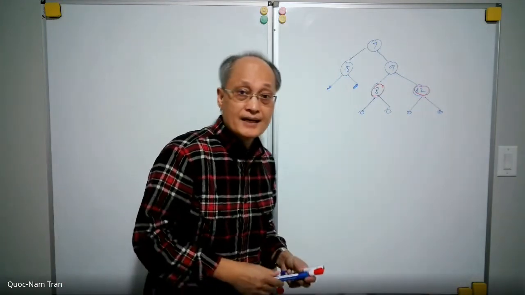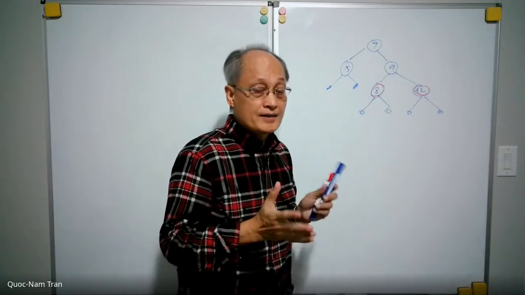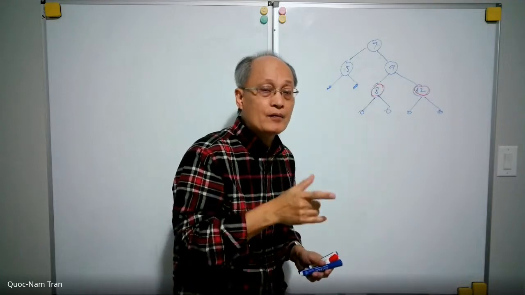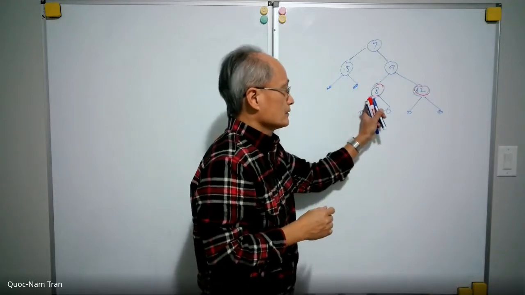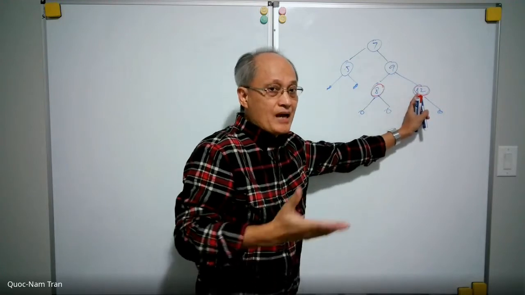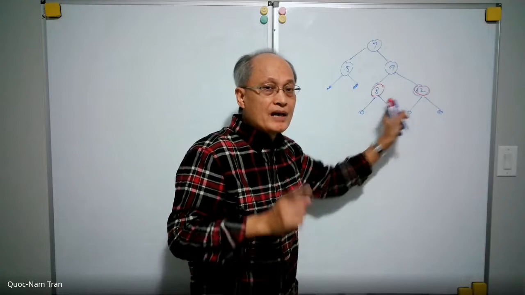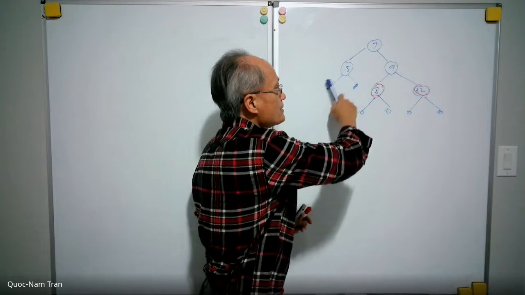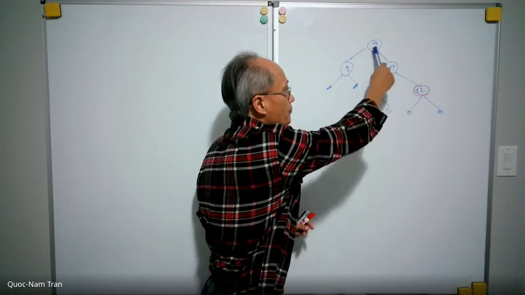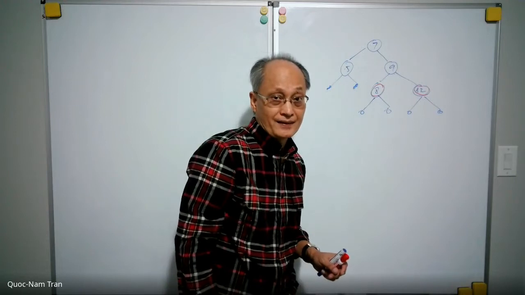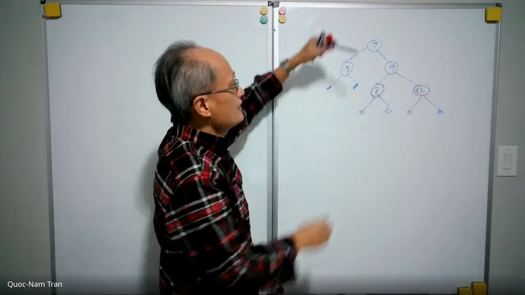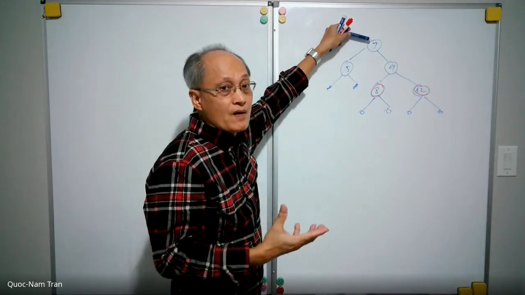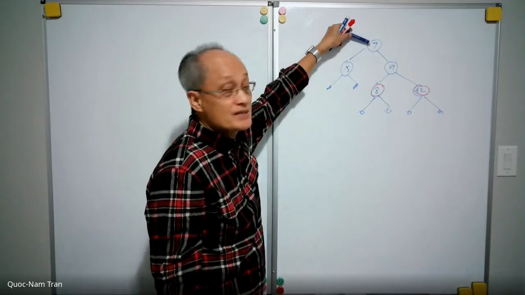And the last property is as follows. On this tree, if you count the number of red nodes, it can be arbitrary. But if you count the number of black nodes, then every branch will have the same number of black nodes. For example, here, starting from 7, I want to count the number of black nodes on every branch.